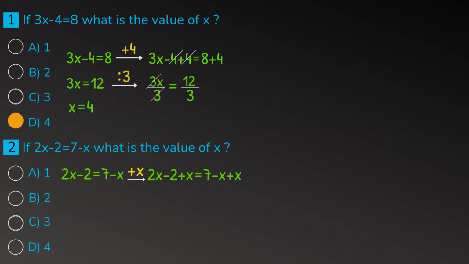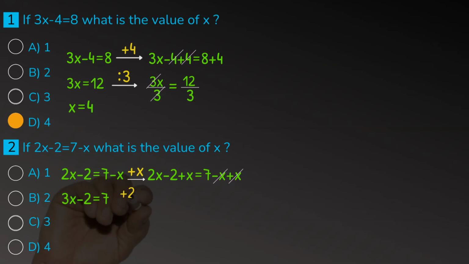Now on the right-hand side, the minus x and the plus x cancel out, and we have 3x on the left-hand side because we have a 2x and a plus x. So now we have 3x minus 2 is equal to 7, and we want to get rid of the 2 on the left-hand side because we're trying to isolate x.